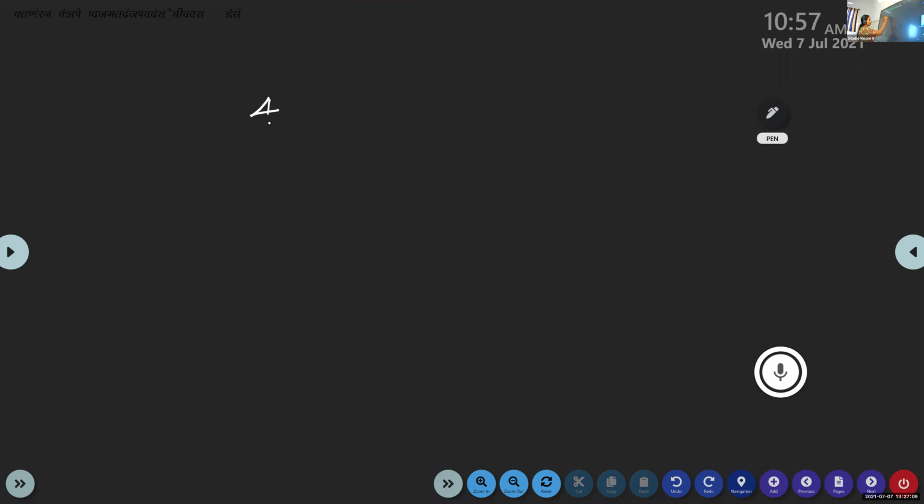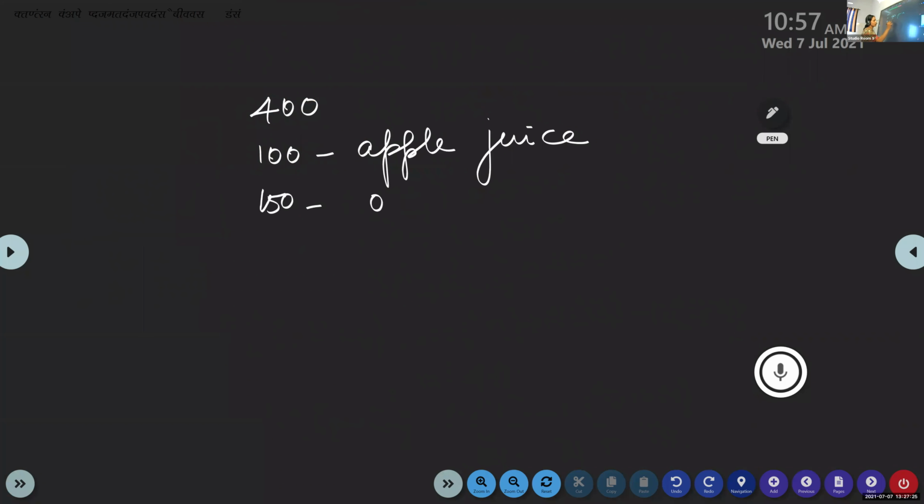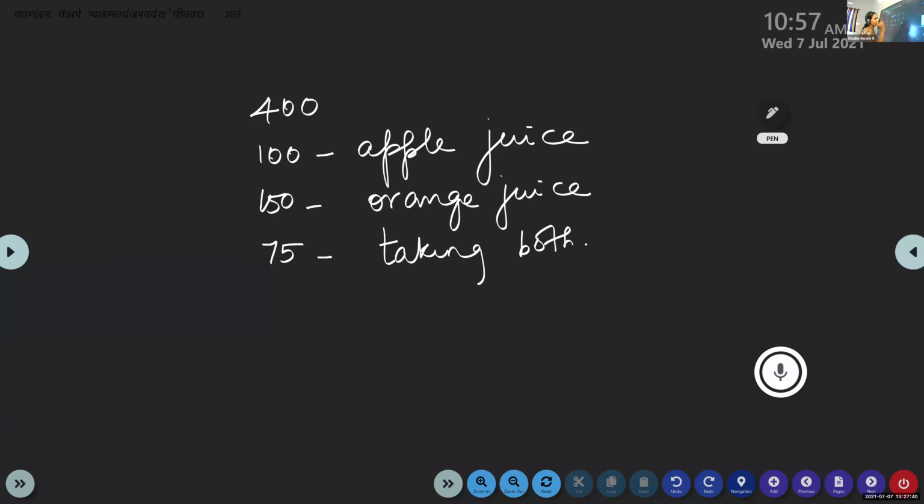So in a survey of 400 students, 100 were listed taking apple juice, 150 were listed taking orange juice, 75 were listed taking both.